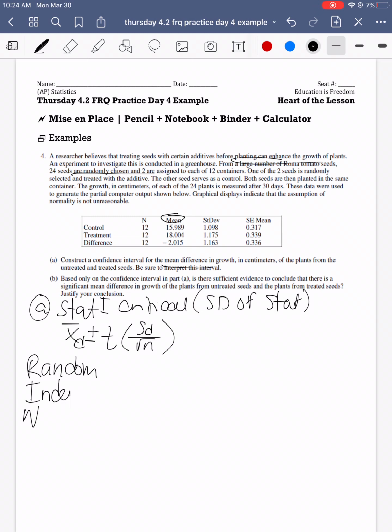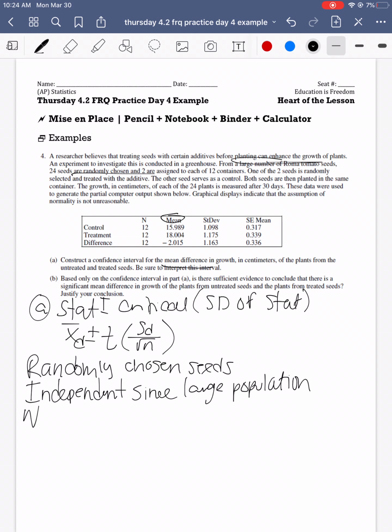So independence, since we have a large population. I'm gonna finish this first thought. So randomly chosen seeds, independent since large population.